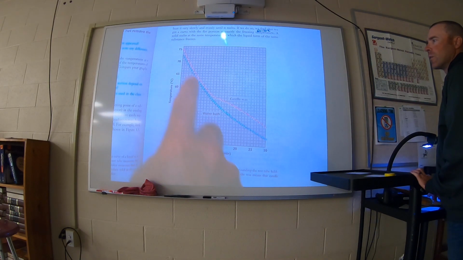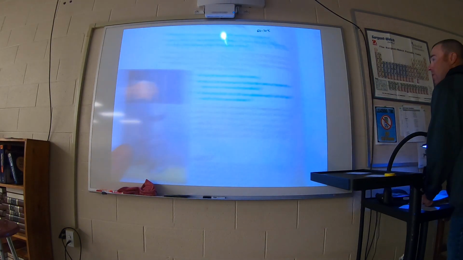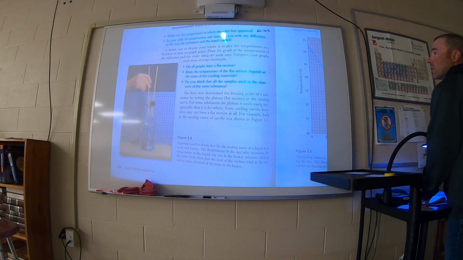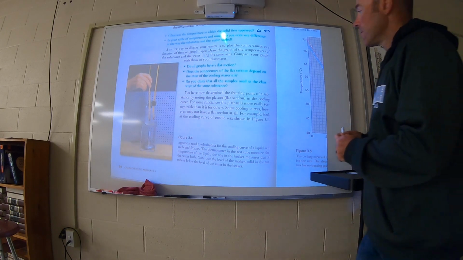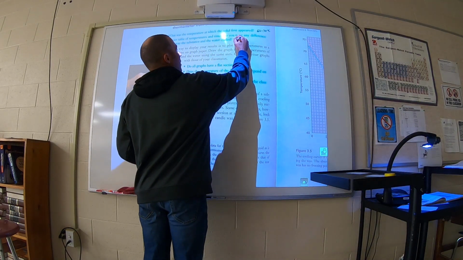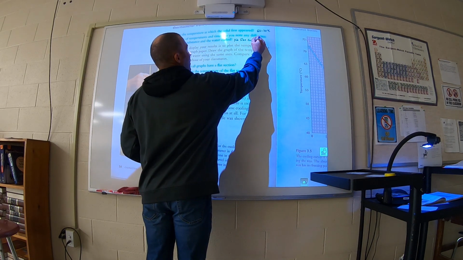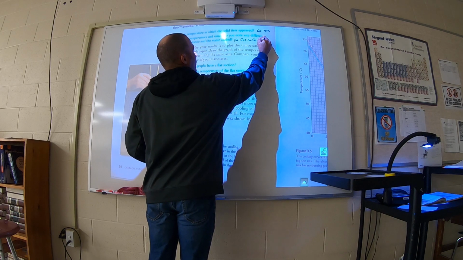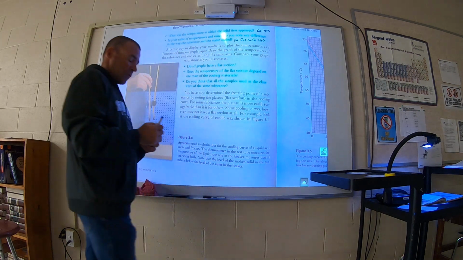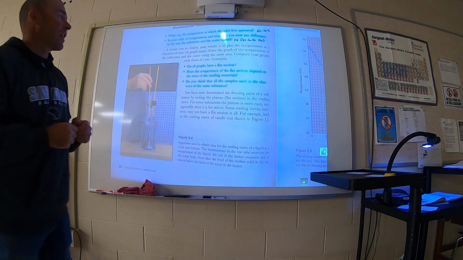But with water, we kind of ended up with a steady decrease in temperature. So we're going to say for blue question number 2 is this. No flat line for water. There was no flat line for water because water didn't go through a phase change.